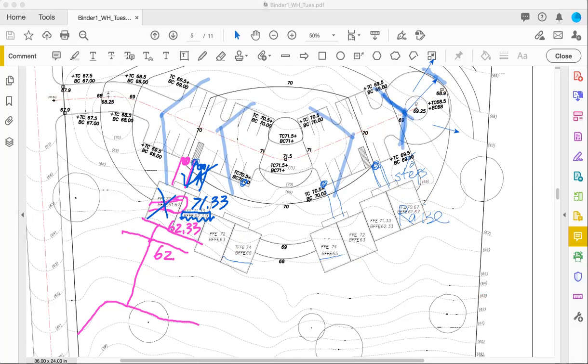Okay, your original contour pattern is creating sheet flow all the way through. It's creating a long drainage path in the parking lot, instead of directing water toward the curb and moving water quickly off the surface.